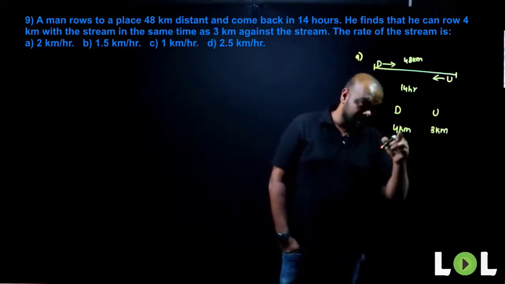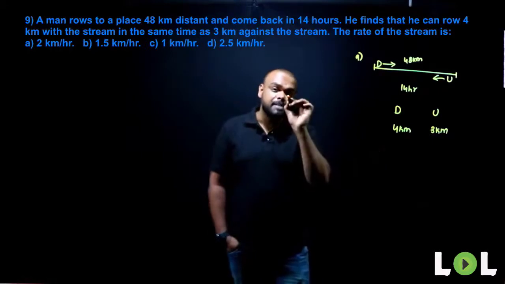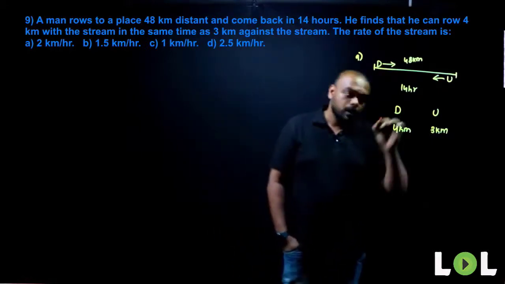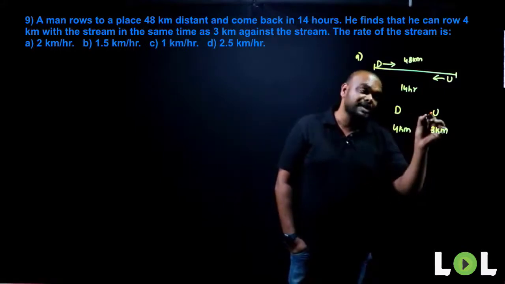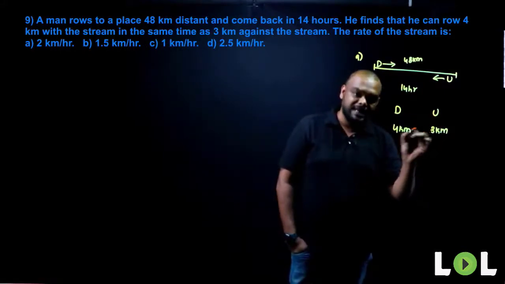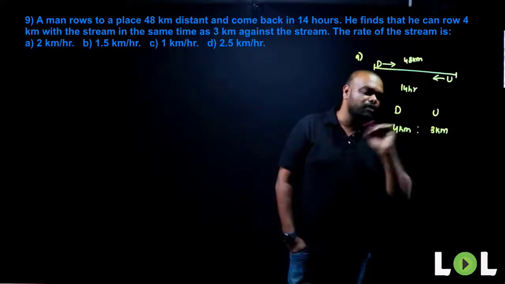So in the same given amount of time during the downstream he can travel 4 kilometers, whereas during the upstream he can travel 3 kilometers. So this is the ratio of distance.